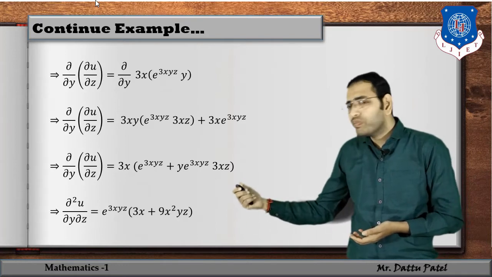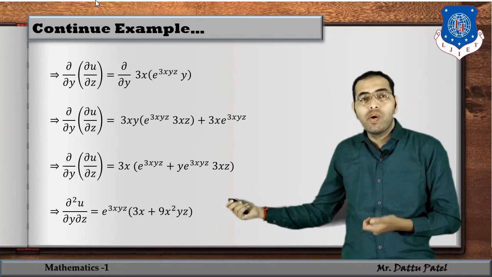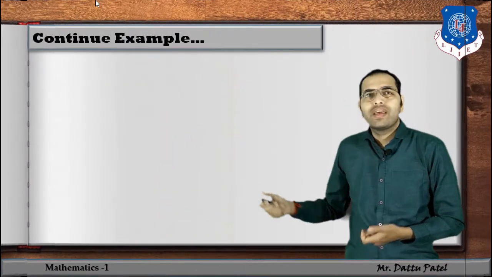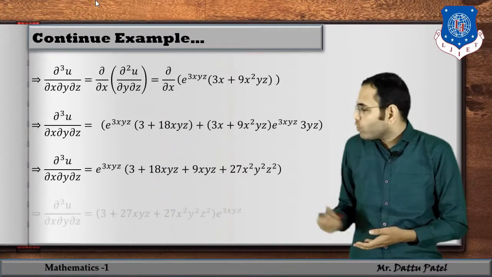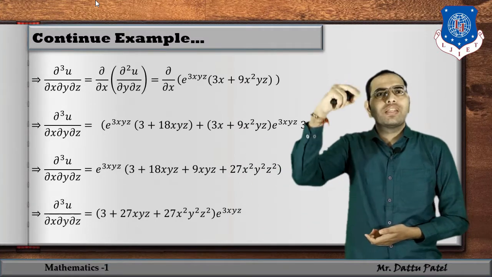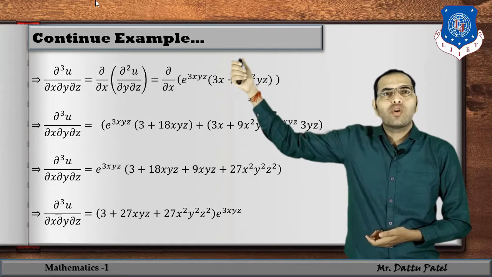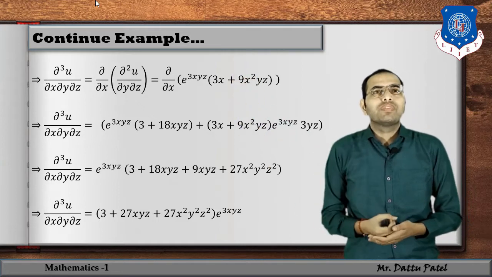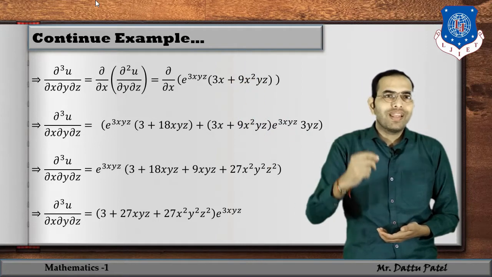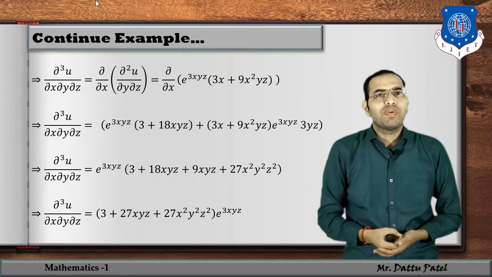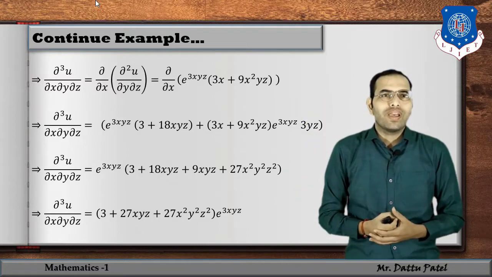Now the derivative of that term with respect to x gives ∂³u/∂x∂y∂z, or ∂/∂x of ∂²u/∂y∂z. Substituting the value of ∂²u/∂y∂z, it becomes ∂/∂x of e raised to 3xyz inside the bracket 3x + 9x²yz.